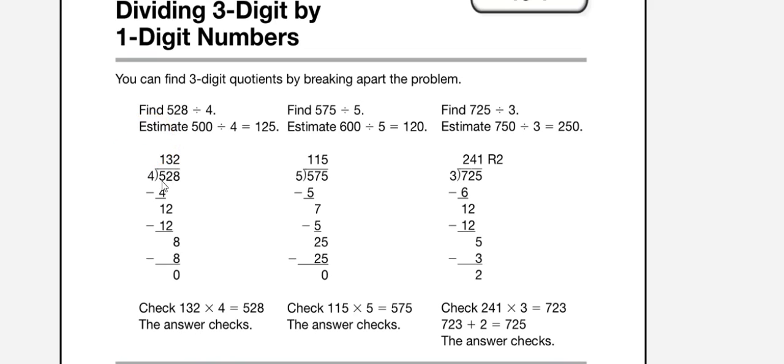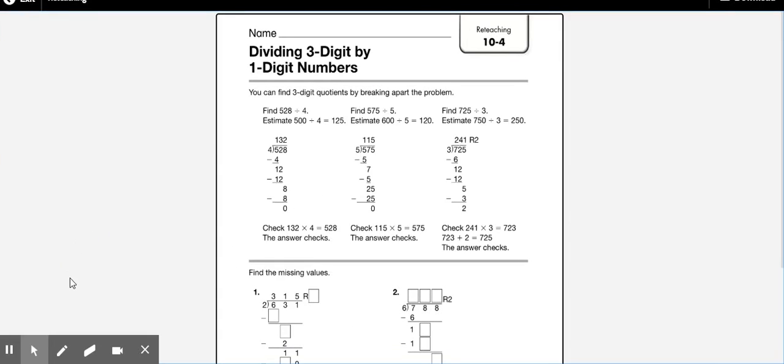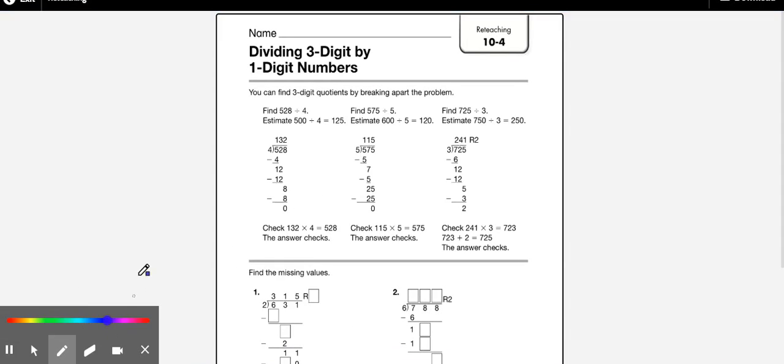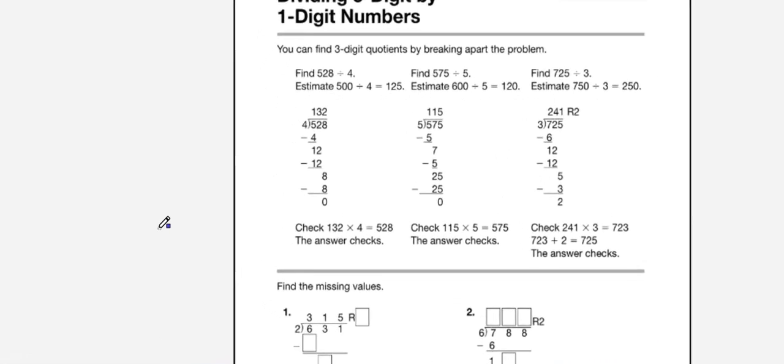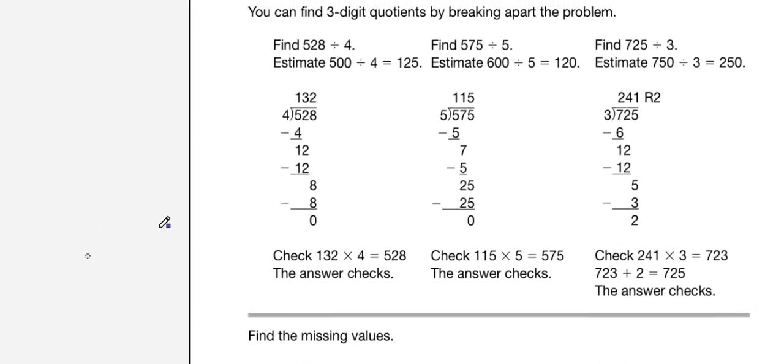So we're going to start in the hundreds. Let me get my pen out so we remember what to do. We want to remember: divide, multiply, subtract, and then bring down.